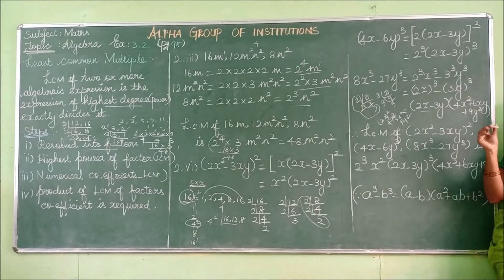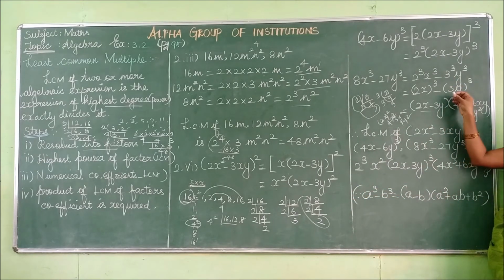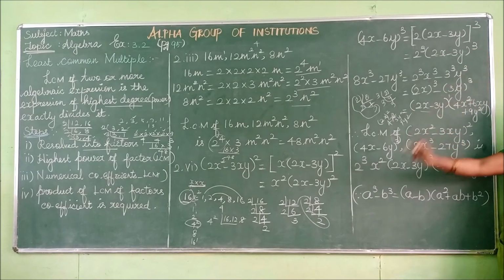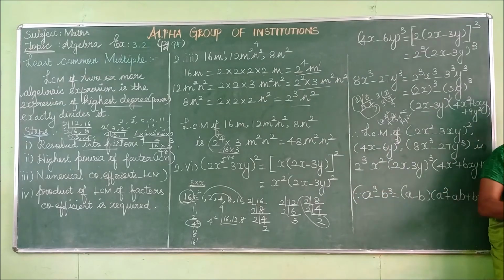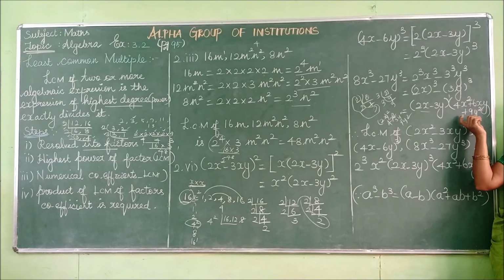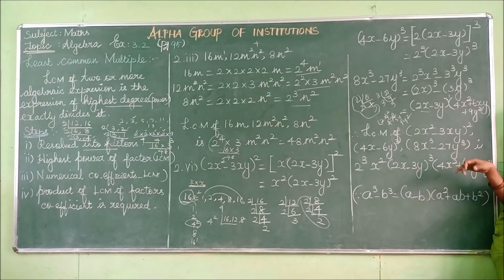Look at the parts of each term. 2x minus 3y is of power 1, power 3, and power 2. So which one do you have to take? You have to choose the highest power. Here the highest power is 3. So 2x minus 3y the whole cube. Then what is the other term? This is the other term: 4x squared plus 6xy plus 9y squared.